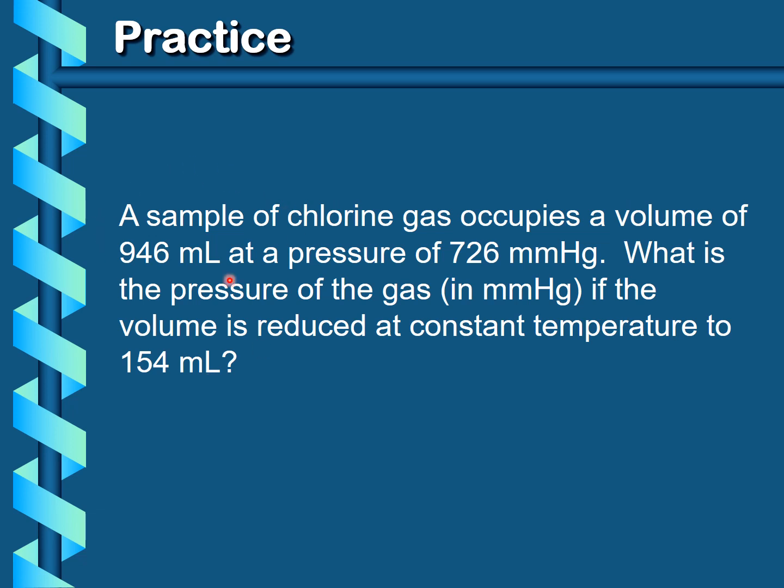So 946 ml is in terms of volume, and 726 millimeters mercury is in terms of pressure. These are the initial conditions of the gas, and 154 ml is the final condition of the gas. If you observe 946 and 154, the final condition tells us that the gas is being compressed. So we are tasked to compute for the final pressure.